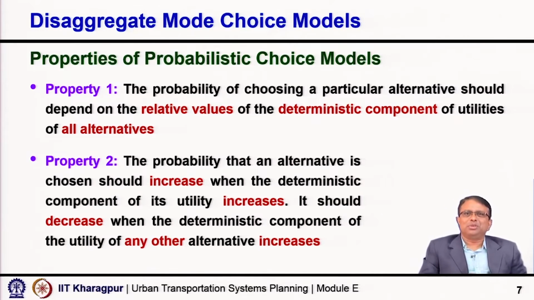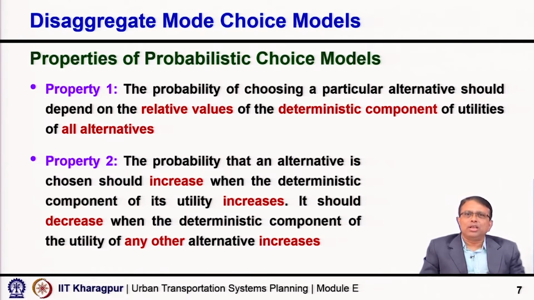Now, let us look quickly at the properties of probabilistic choice model. There are 4 properties of the probabilistic choice model, desirable properties I should say. 1, the probability of choosing a particular alternative should depend on the relative values, carefully observe, relative values of the deterministic component of utilities of all alternatives.